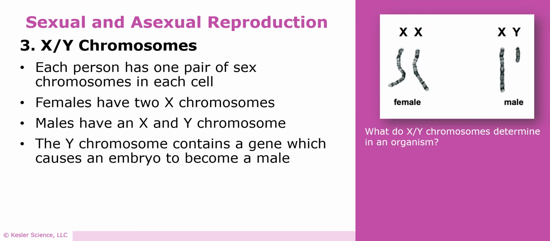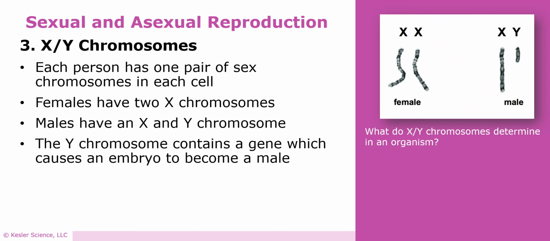Organisms that reproduce with sexual reproduction through meiosis also have a special pair of chromosomes. These are the X and Y chromosomes. They're also known as the sex chromosomes because they will determine a person's male or female characteristics. So, female organisms have two X chromosomes, while male organisms are going to have an X chromosome and a Y chromosome.